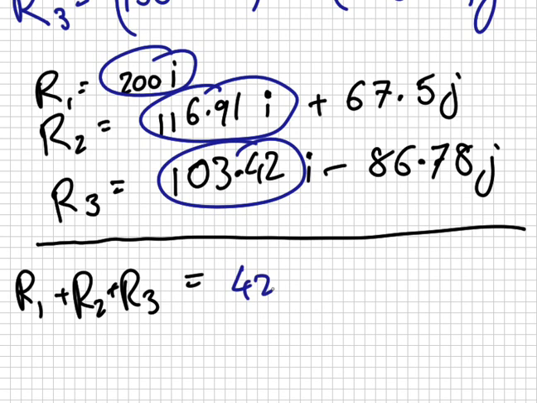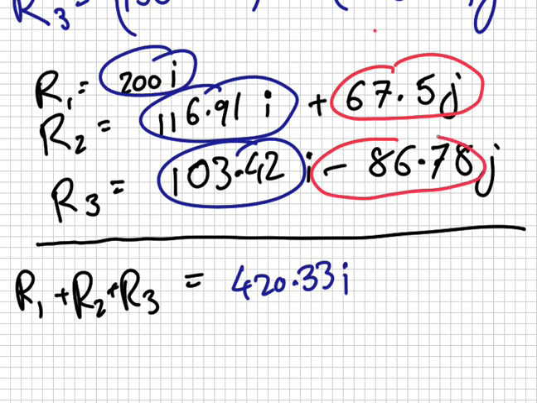Oh, 420.33i. Okay, now there's no j. Sorry, that's the 200. And this j, so it'll be negative? Yeah. Minus 19. Oh yes, minus.